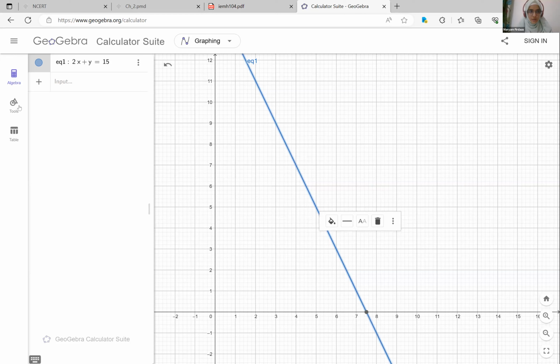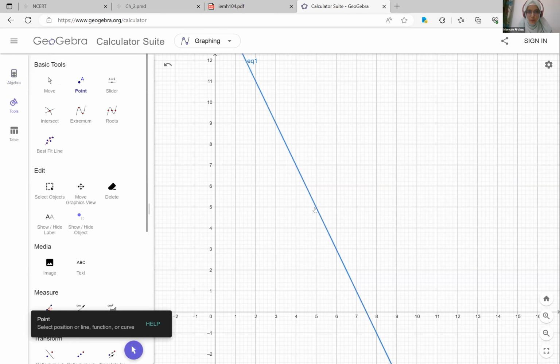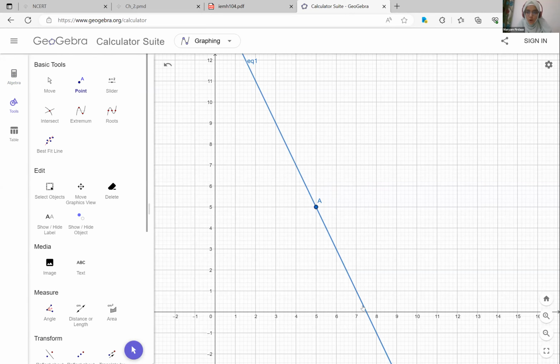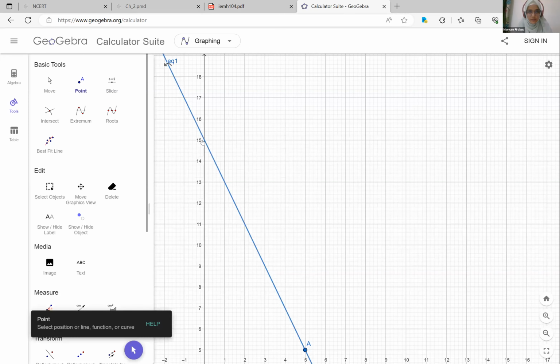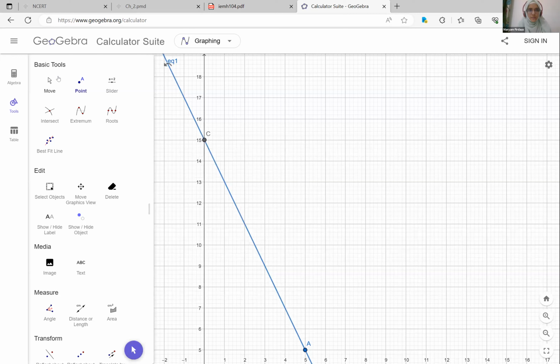Let me first do this. Wait a minute. Can you see that this point as well lies on the line? Can you see that all of these points are lying on the line? I don't see the line. Wait a minute. Are you able to see my calculator, my graph?